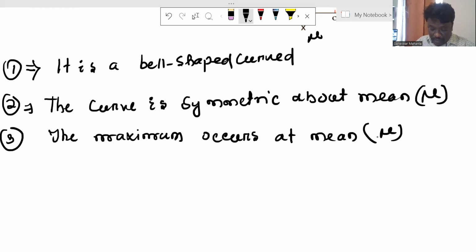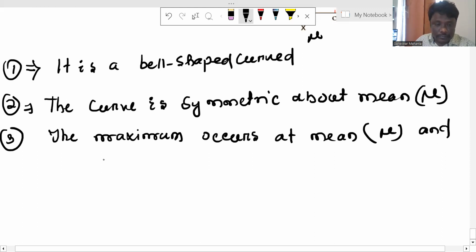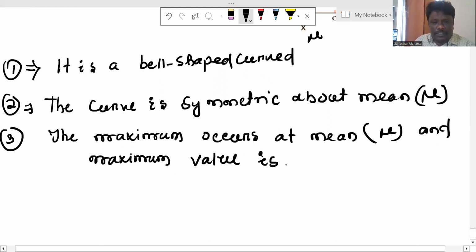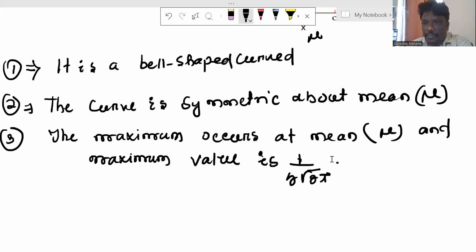The maximum value is 1 by sigma root over 2 pi. This is the maximum value at the mean. Maximum value of course at the mean, and the value is 1 by sigma root 2 pi. This is the maximum value at this mean.